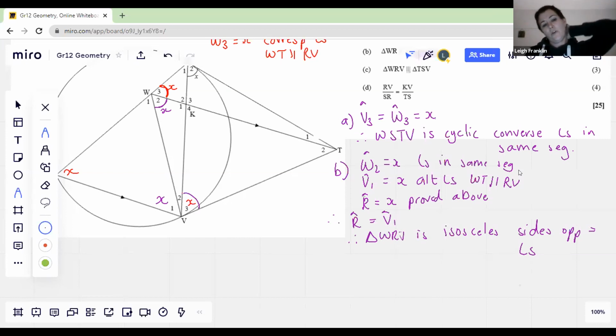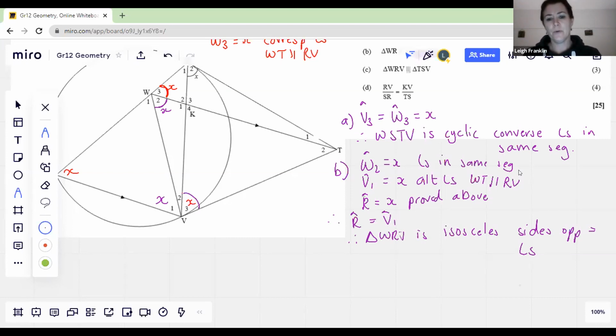All right. So now that you prove that the quad is cyclic, angles in the same segment, so that means W2 is X. W2 is alternate to V1, so it's also X. We've already proved that R is X, so that means that R and V1 are the same.